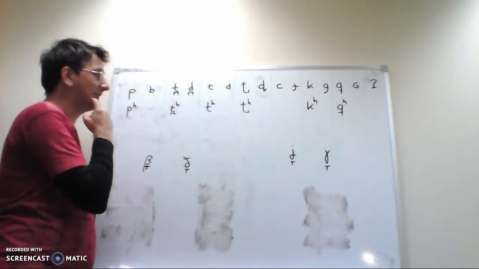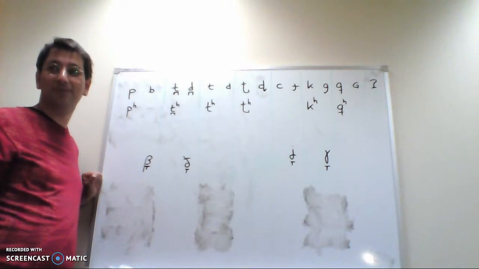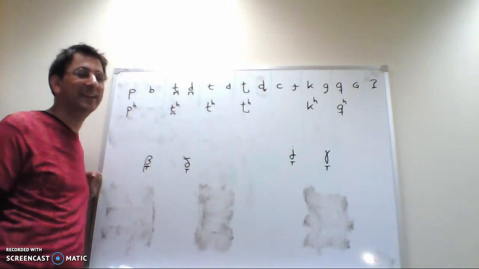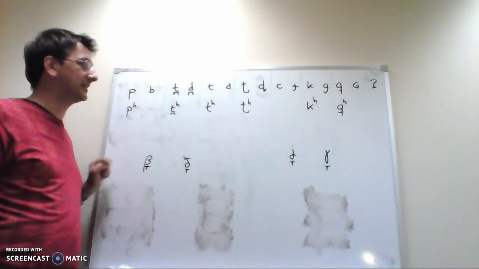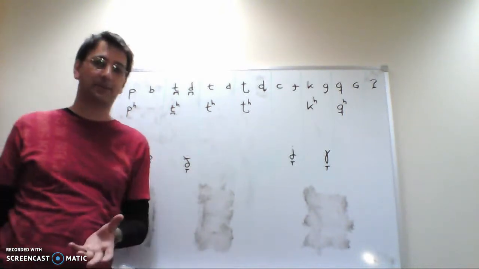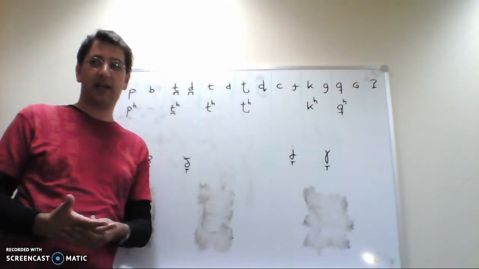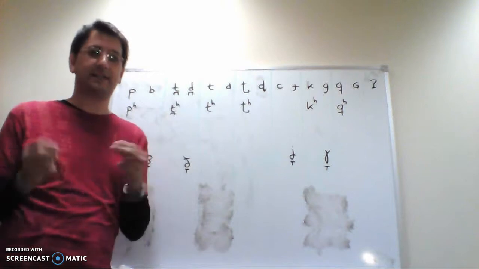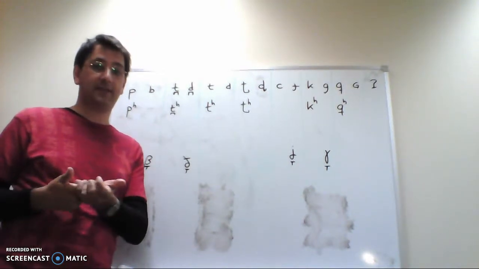Pay attention to the fact that IPA was invented mostly by English-speaking people. So most of the time, the symbols that look simpler correspond to the sounds that exist in English. And then whenever there is a slight difference to signal what's going on in different languages, you will add diacritics.